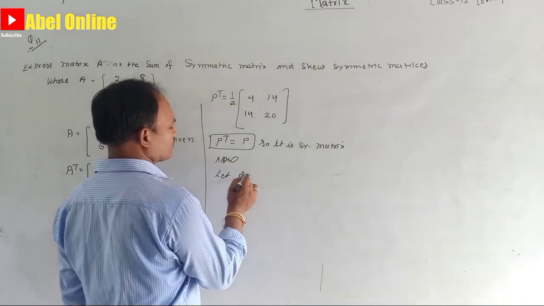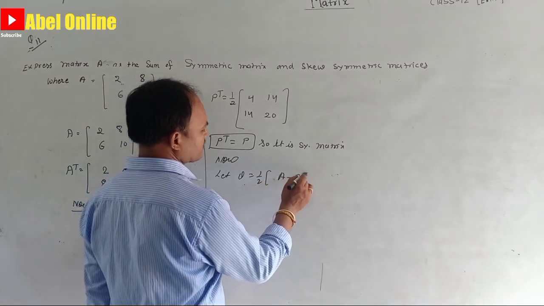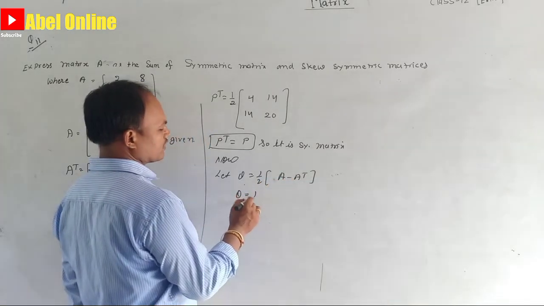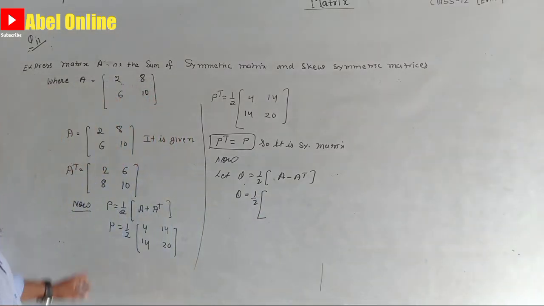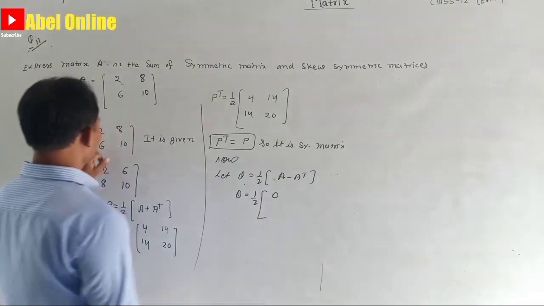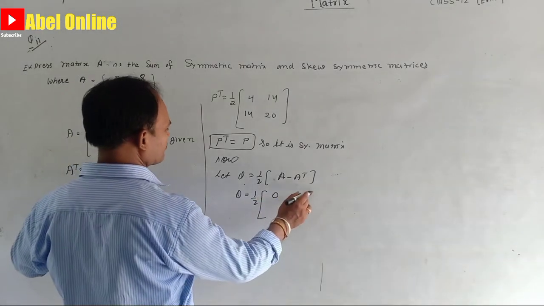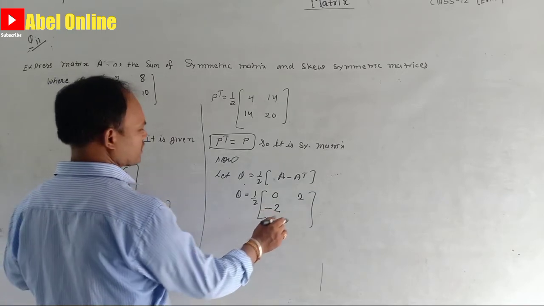Now let Q equal 1 by 2 times A minus A transpose. What about A minus A transpose? When we are saying about A minus A transpose, it is 2 minus 2, it is 0. 8 minus 6 is 2, 6 minus 8 is minus 2, and 10 minus 10 is 0.